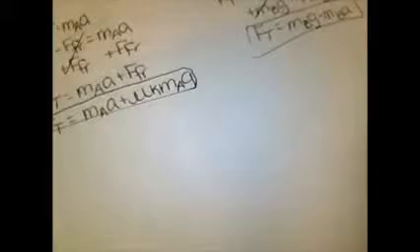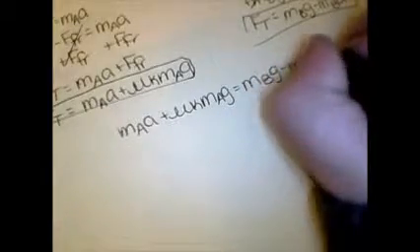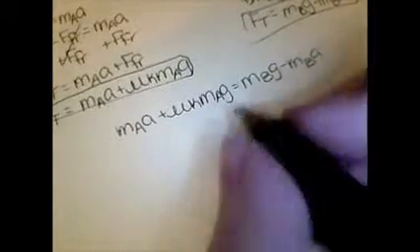So now to get acceleration, we need to make them equal to each other. So we're going to rewrite it mAa plus mu k mAg equals mBg minus mBa. And now we want to get this a to this side, so the a's are together.